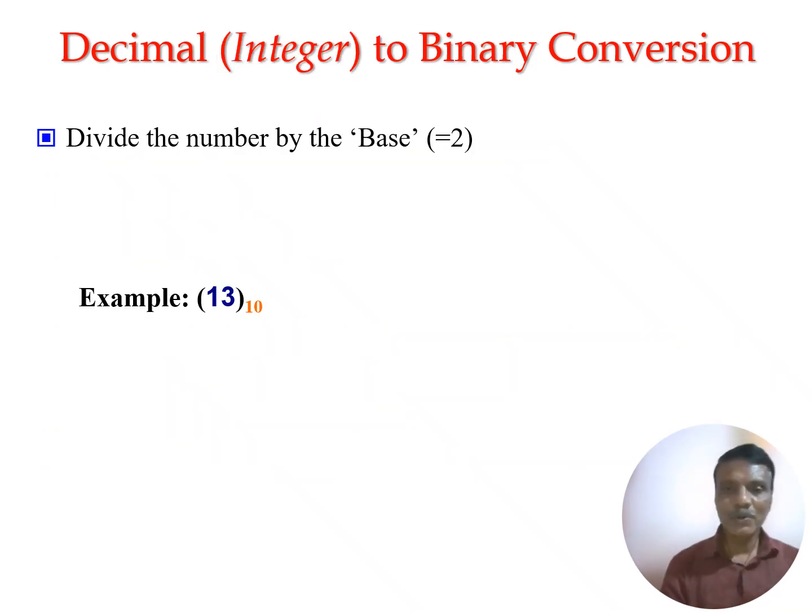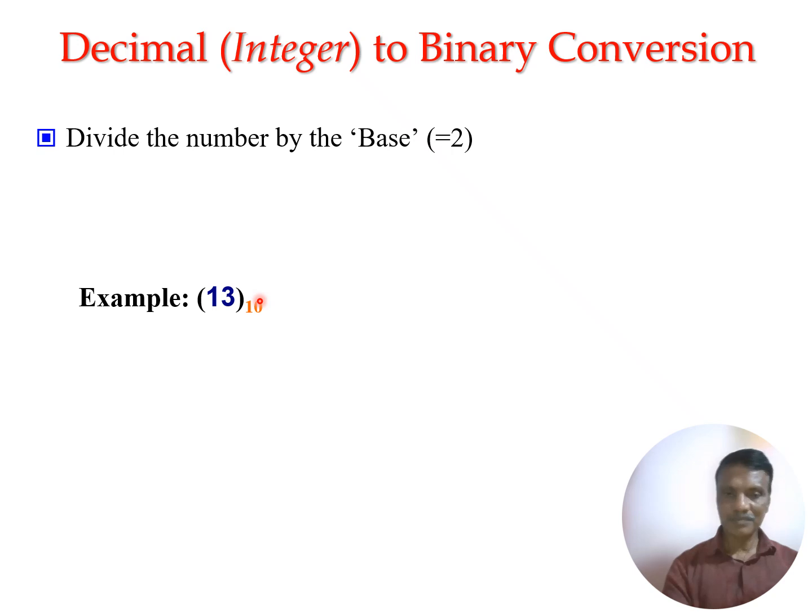Decimal to binary conversion. Here the base is binary, which means its base is 2. The given example is 13. For the integer part, the procedure is successive division of the given decimal number. Here 13 is the decimal number.